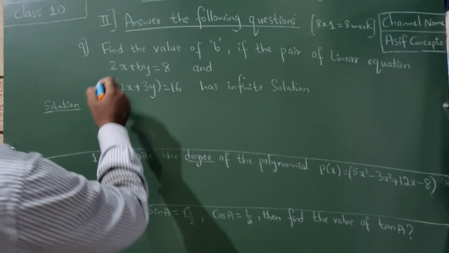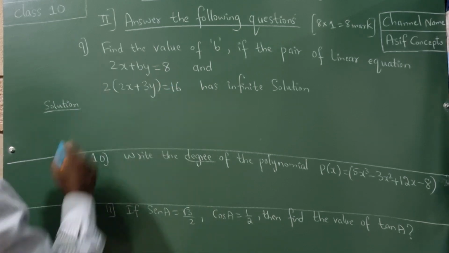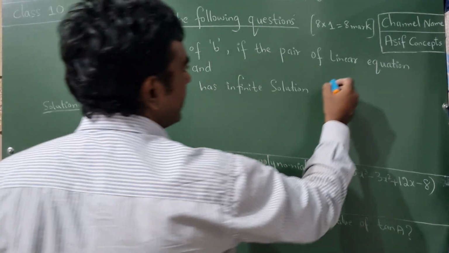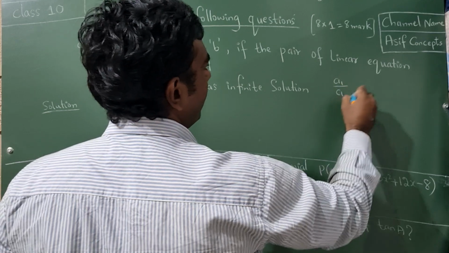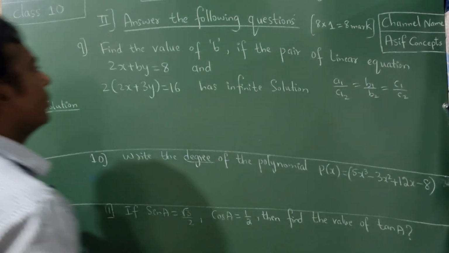Now the 9th question: find the value of b if the pair of linear equations they have given has infinite solutions. What is the infinite solution formula? It is a1 by a2 is equal to b1 by b2 is equal to c1 by c2.